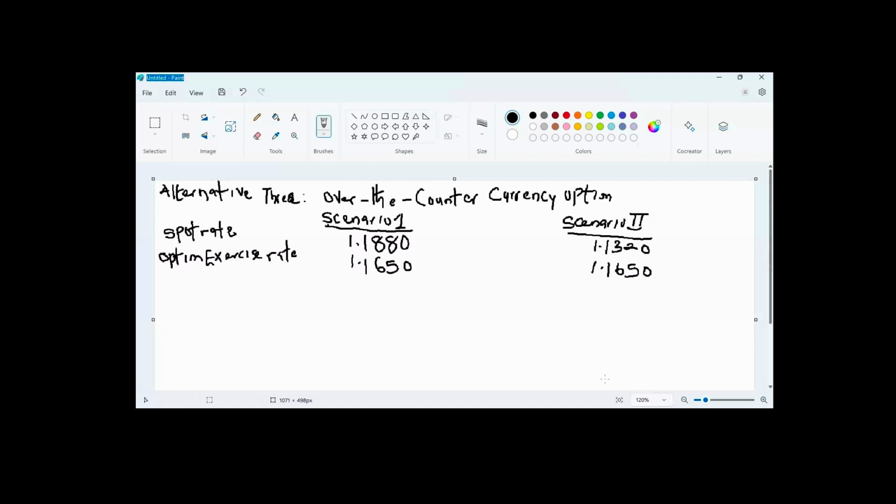We now need to compare. Remember, it's an option, not an obligation. Now look at it. I have a choice to convert Kudi to Naira at the spot rate or at the exercise rate. Should I exercise my right or not?